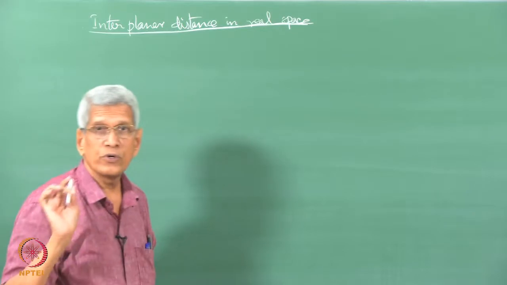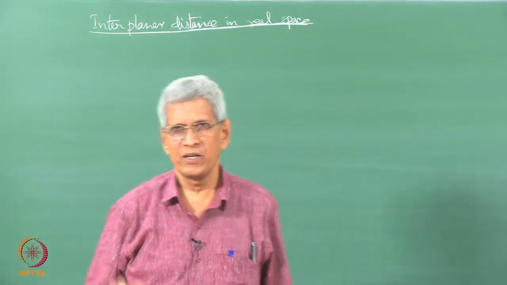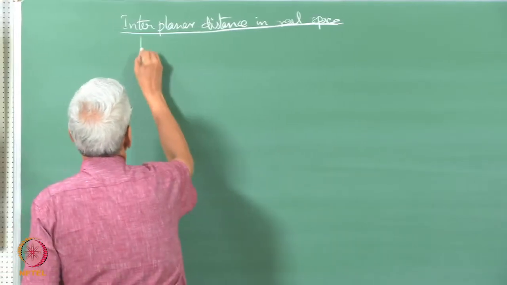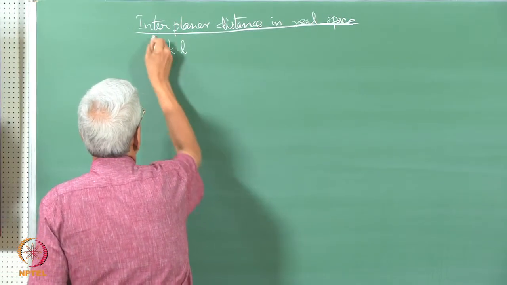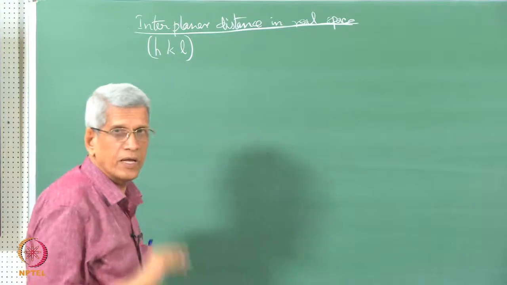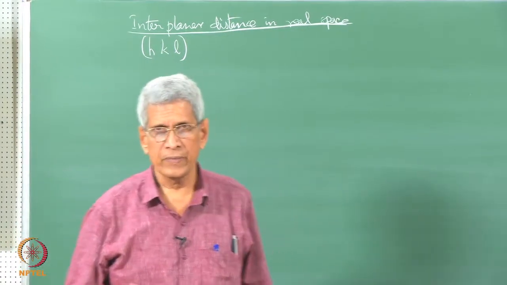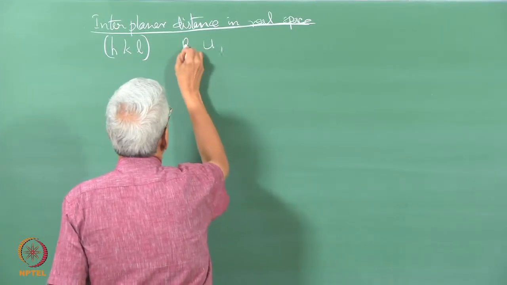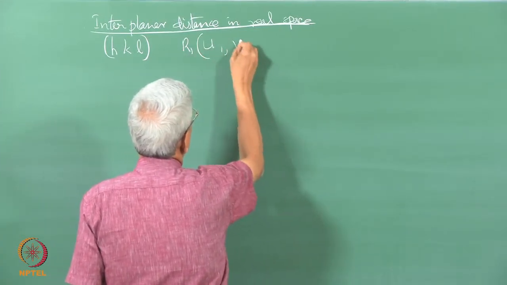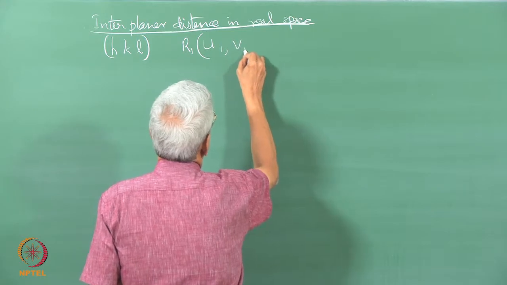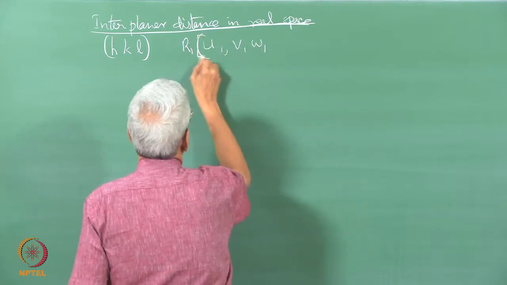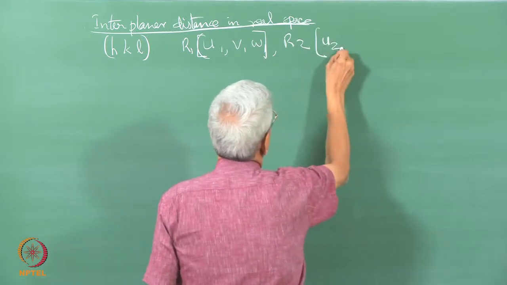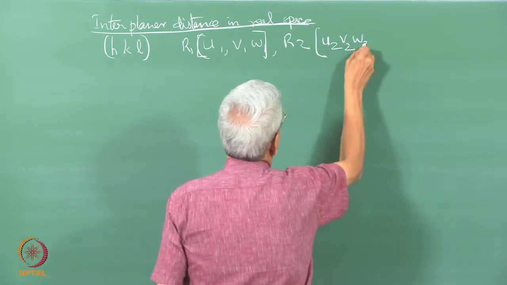we should know two vectors which are lying in a plane. So, suppose HKL are the Miller indices of a particular plane. If you know two vectors, R1 which is U1 V1 W1, this is how we can represent it, R2 which is U2 V2 W2.